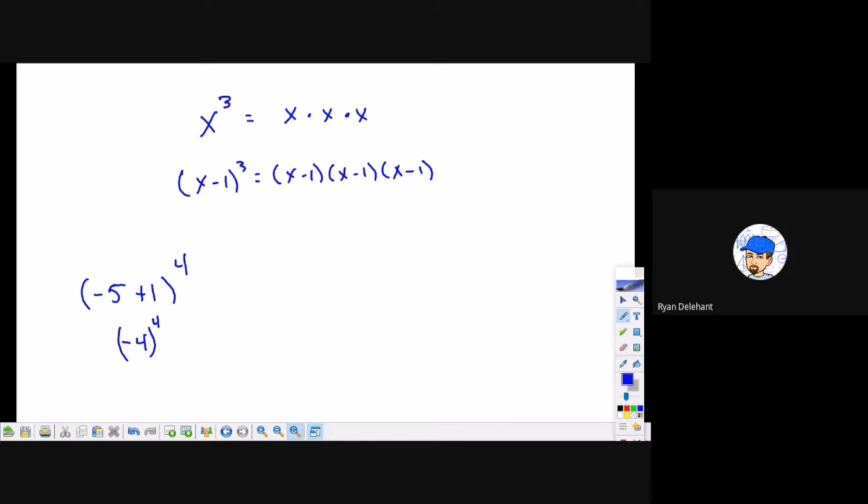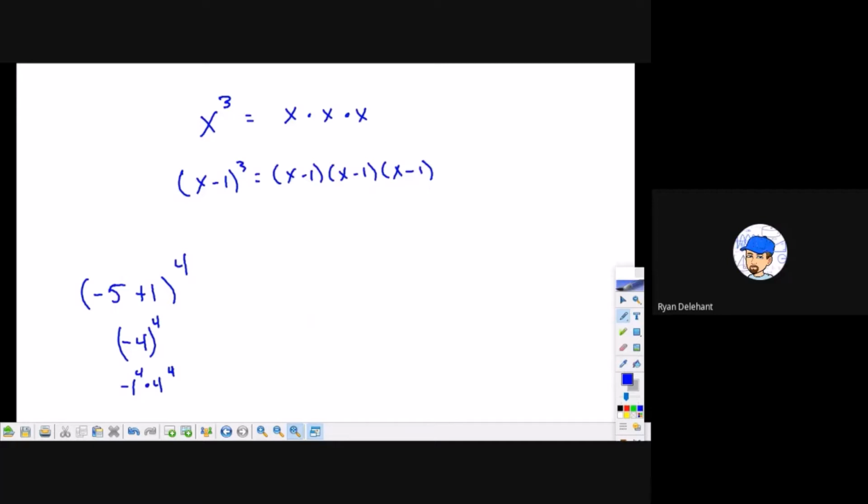Now, I don't expect you to know 4 to the 4th power off the top of your head. But let's think about it this way. This is -1 times 4, and they both get taken to the 4th power. Do I care about what 4 to the 4th is? No, I don't care about the actual value. I only care about whether it's positive or negative, which is governed by this. What happens when you multiply -1 by itself 4 times?